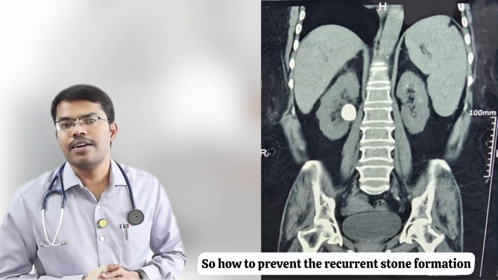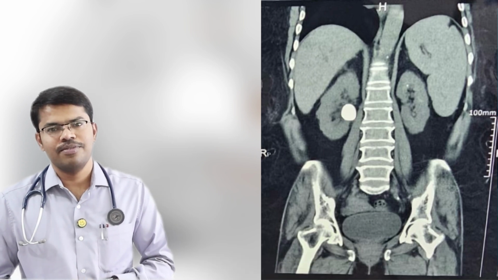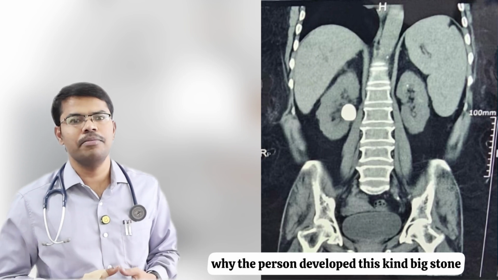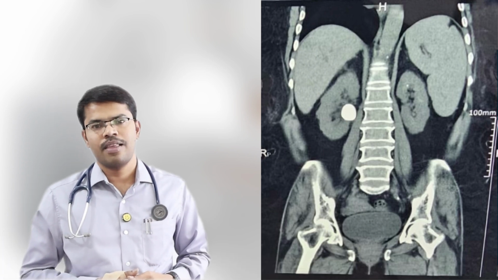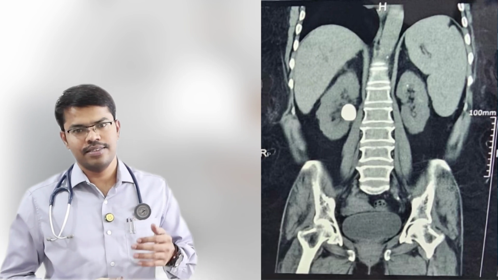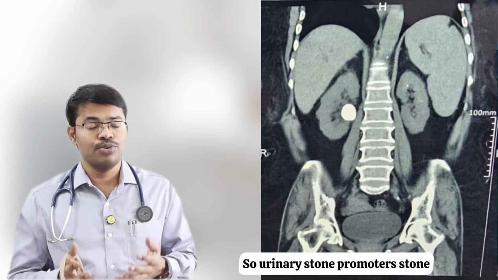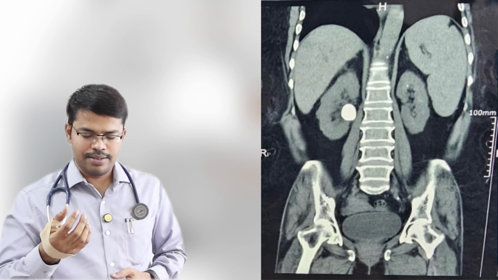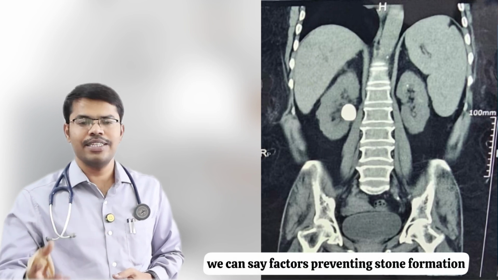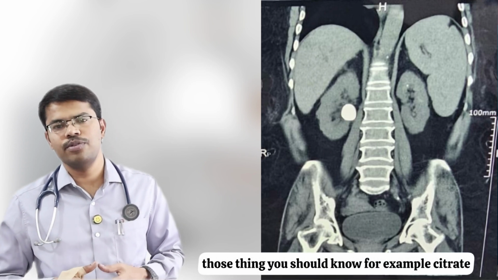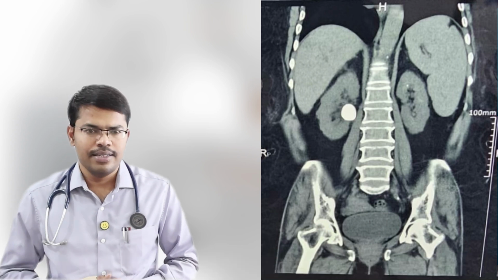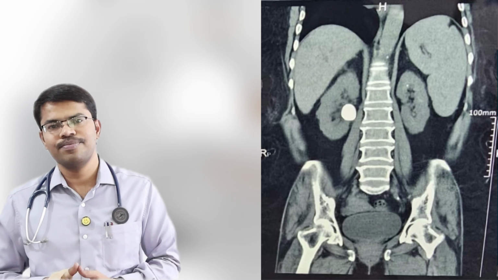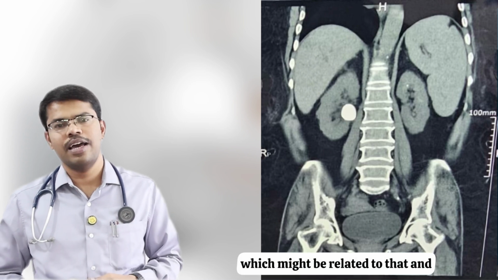So how to prevent recurrent stone formation? For that you should know the etiology, why the person developed this kind of big stone. Etiology should be targeted. So urinary stone promoters, and factors preventing stone formation, those things you should know. For example, citrate is a good stone formation preventer. One question might be related to that.